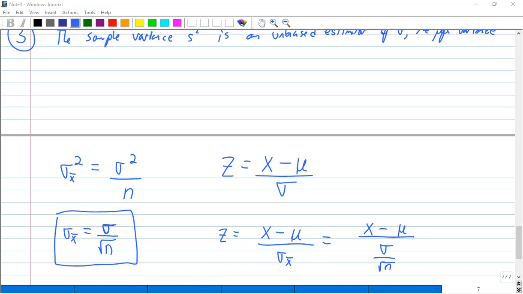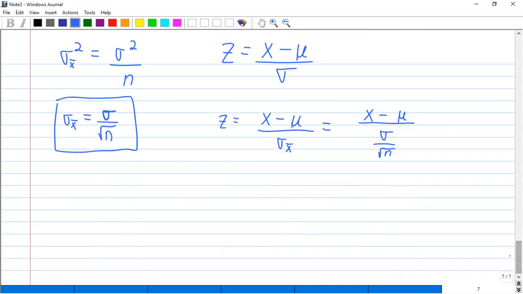So this leads into the central limit theorem. The central limit theorem is a theorem which summarizes the distribution of the sample mean.